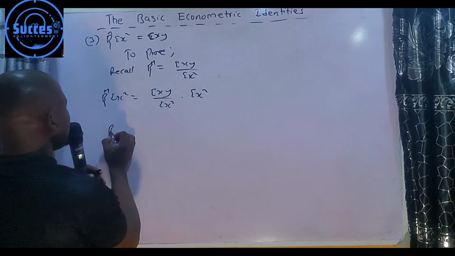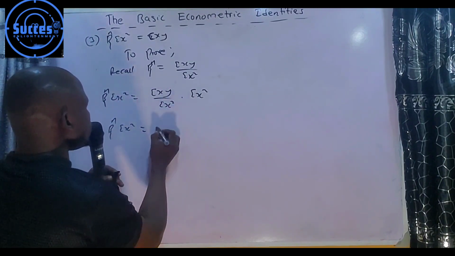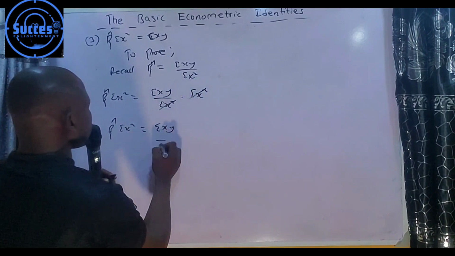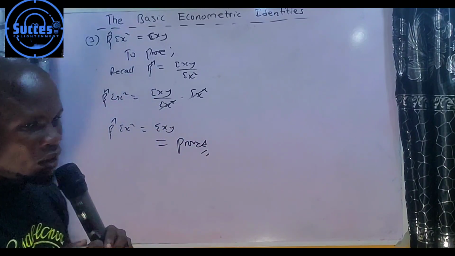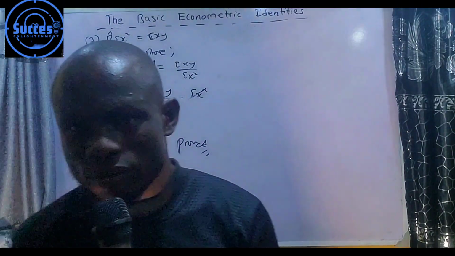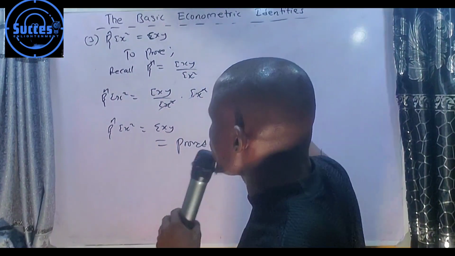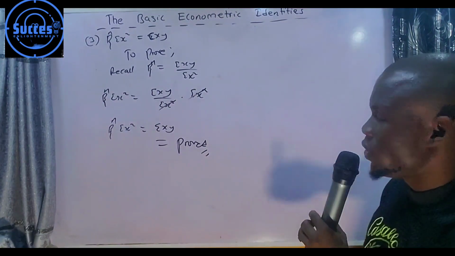So therefore, our beta cap summation x squared equals summation xy, since we take this out. Good. See how simple it is? Very, very simple. Just 5 or 6 lines, you are done with this proving.